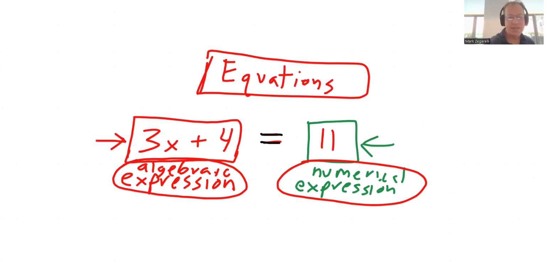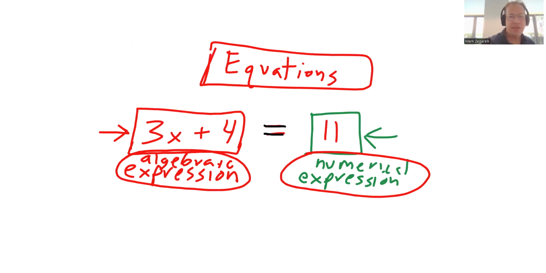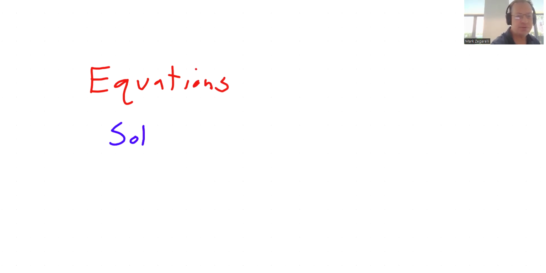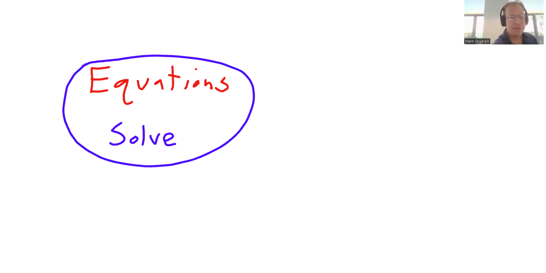Okay, so the next thing I'm going to say here is let's talk about things you can do with equations. And there's one big thing you can do with equations, and that is solve them. Solving equations is what algebra is all about. And we were already doing that when we had, for example, x plus 5 equals 12.